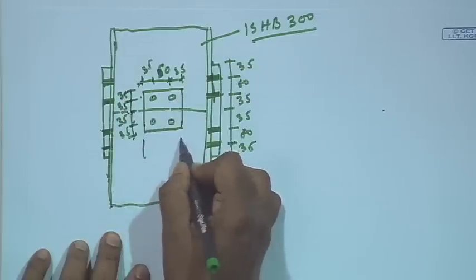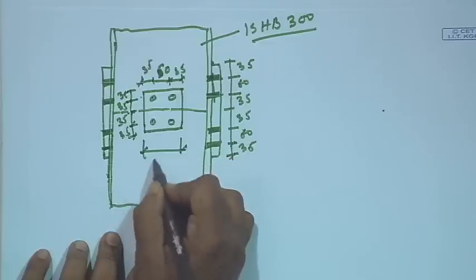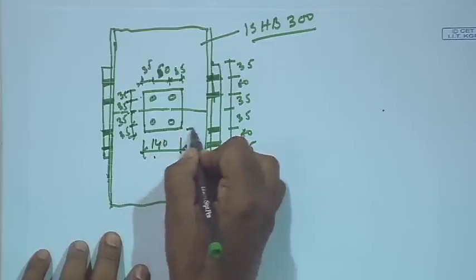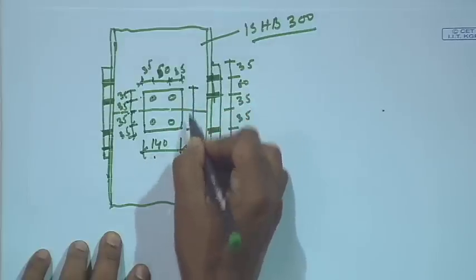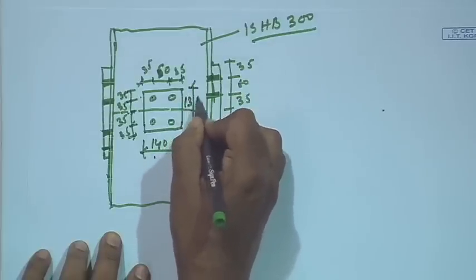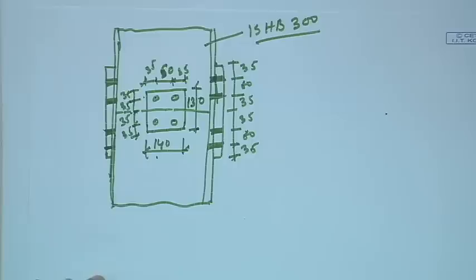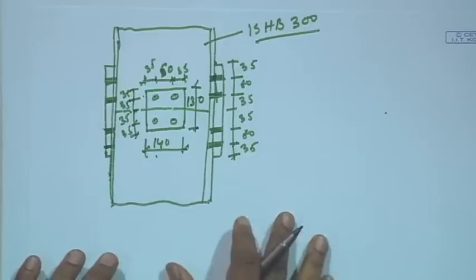So, that means this will be 140 and this will be 130, right. So, the size of the splice plate is 140 by 130, and it has been provided on two sides.